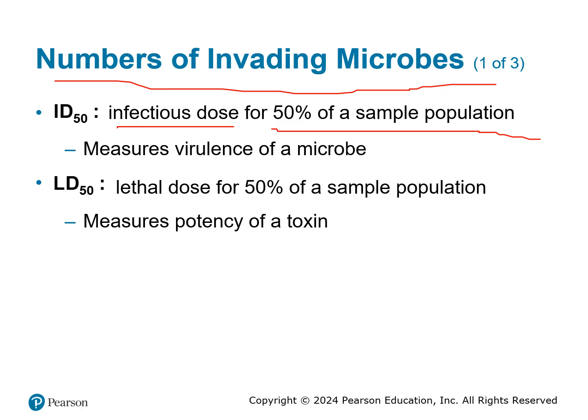Example, Shigella, maybe just 10 little bacteria could get you sick, whereas you might need hundreds for a different type of bacteria. Then we have the lethal dose 50, which is the dose where 50% of a sample population will die. It measures the potency of a toxin.